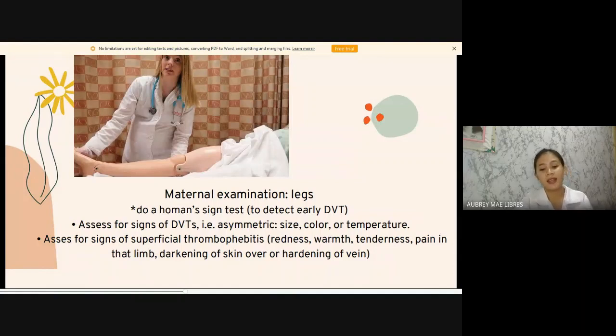It assesses for signs of DVT such as asymmetry in size, color, or temperature. It also assesses for signs of superficial thrombophlebitis such as redness, warmth, tenderness, pain, limp or darkening of skin over the hardening of the vein.